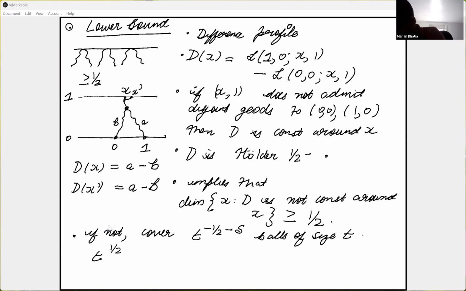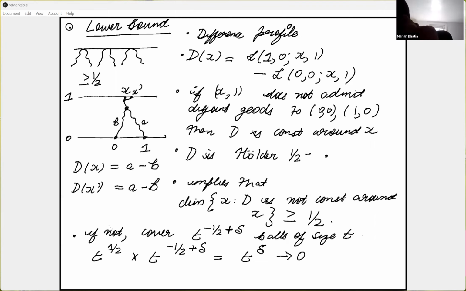There'll be some plus delta also, but I just put epsilon to the 1/2. Okay, sorry, actually this will be plus, and it becomes epsilon to the delta. But you know that your difference profile is not globally constant, and this will go to 0. So if you could cover it by such little balls, then the difference profile cannot change at all. So this tells you that you have a lower bound of 1/2.